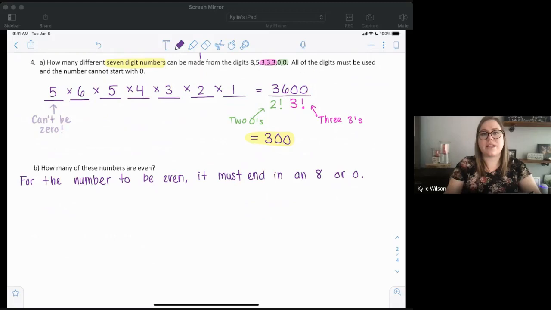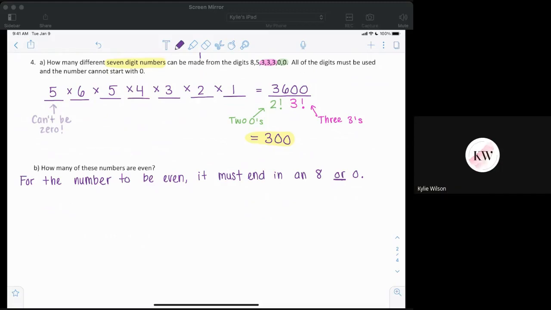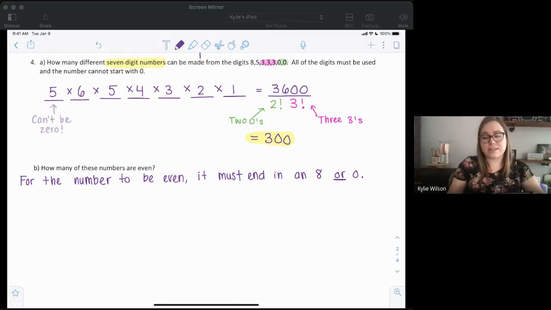So we need to ensure that our 7-digit number is even, so it must have an even number on the end. Now take note of this word "or" here. Because I can have it ending in an 8 or a 0, I'm going to need to add those, because that's my additive counting principle. So let's look at our 2 different cases.